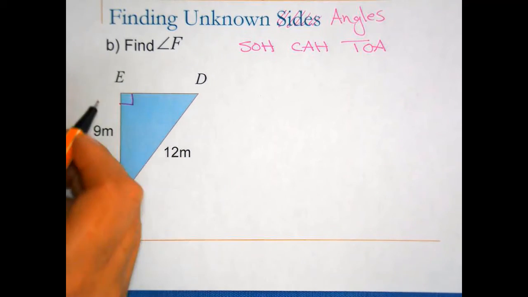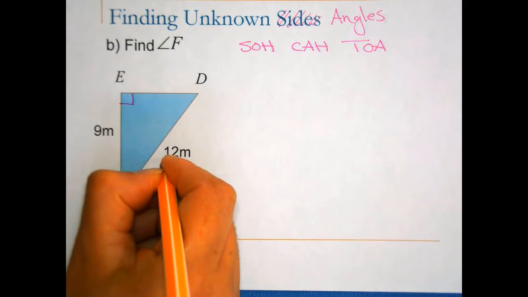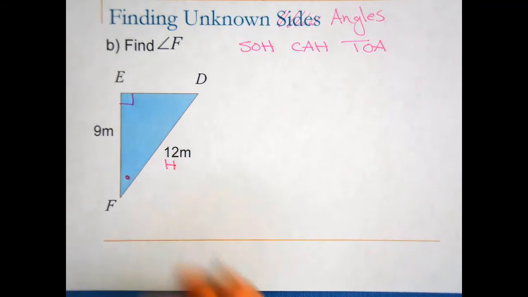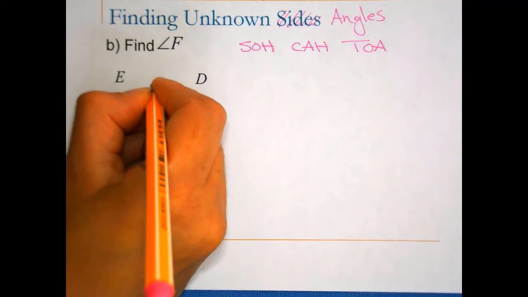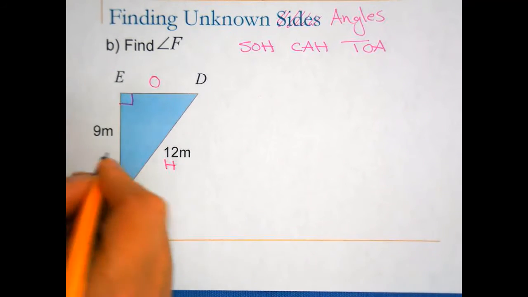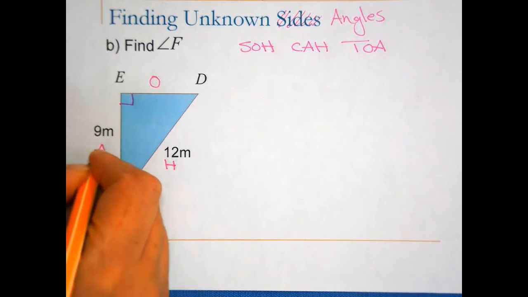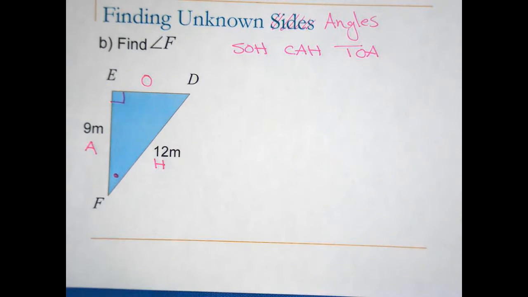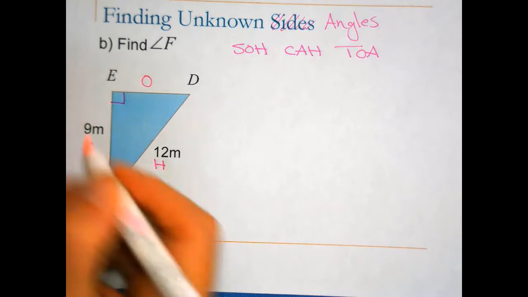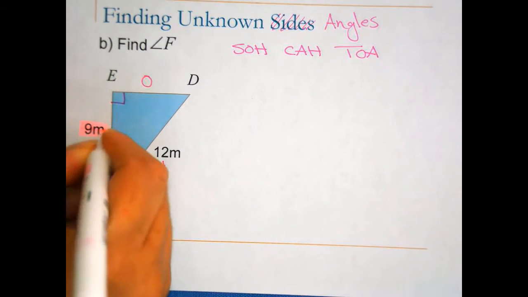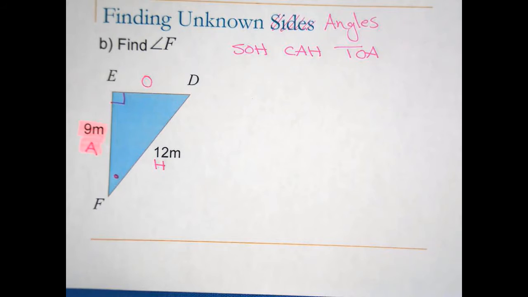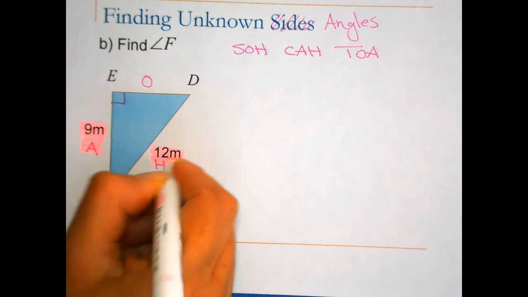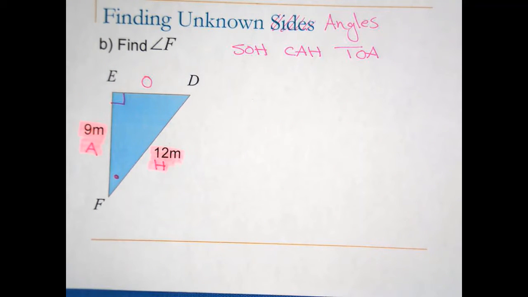So we label: opposite the right angle is the hypotenuse, opposite angle F is the opposite, and next to it is the adjacent. Now, what is given to us in this example is that we know the adjacent, we know the hypotenuse.